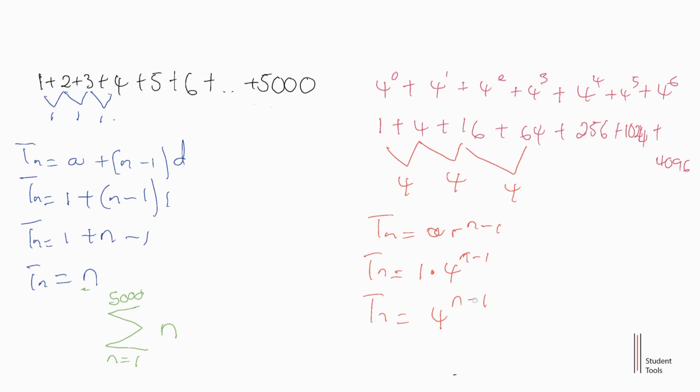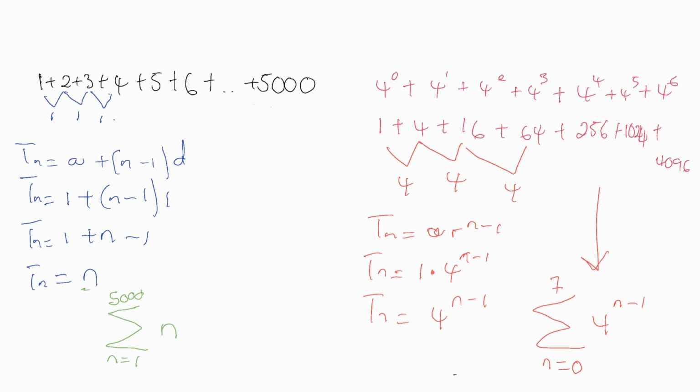So to write this in sigma notation, that is the sum of 4 to the power n minus 1 of 7 terms, because it's 1, 2, 3, 4, 5, 6, 7 terms, whereby we start from n is equal to 0.